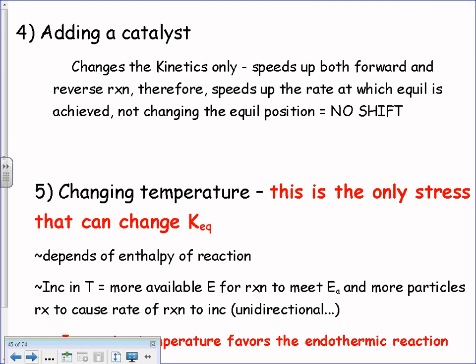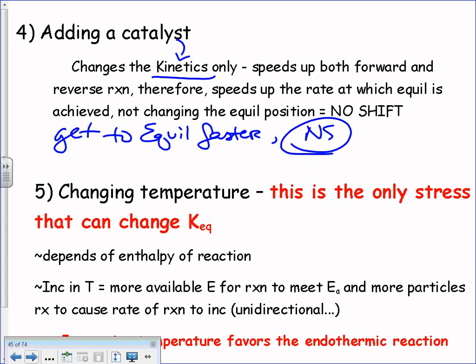So you can just say that the catalyst part's really only related to kinetics. So we get to equilibrium faster, but in the end, there's no shift to the equilibrium position.